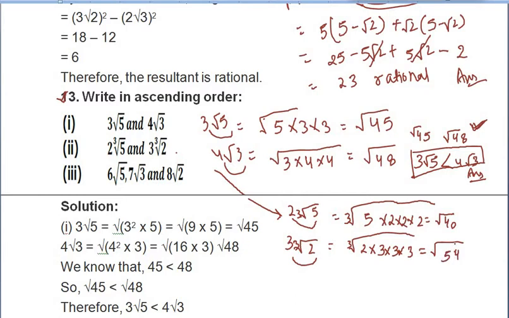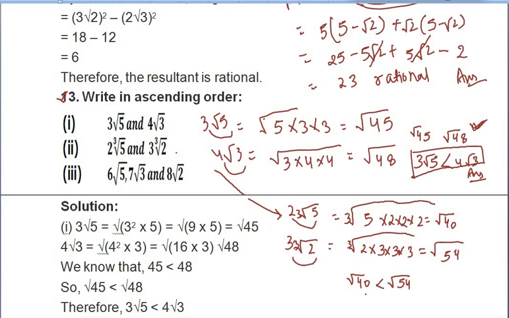So under root 54 will come, and you see which one is greater here. 54 is greater here, so you can write like this: under root 40 and then under root 54.